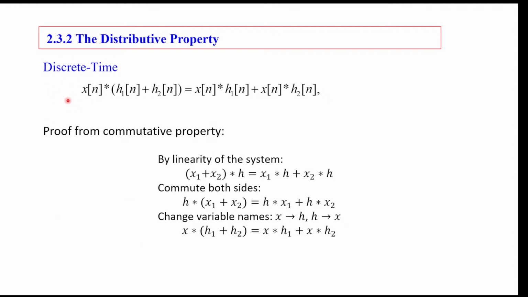So if you have x1 plus x2 convolved with h, then by linearity of the system, that automatically gives x1 convolved with h plus x2 convolved with h, because linearity says that if your input is x1 plus x2, then the output should be the summation of the output to x1 and the output to x2. So this is just linearity. If you want to get this, you don't need any derivation. This is from the linearity of the system.